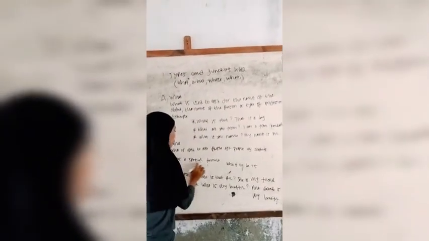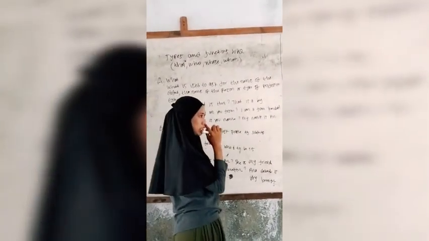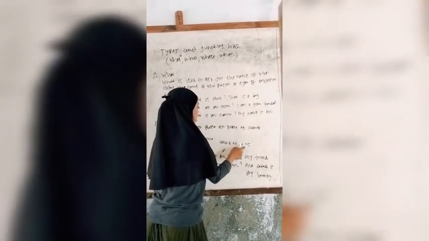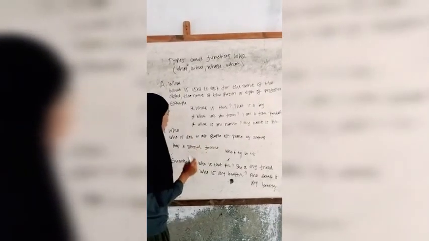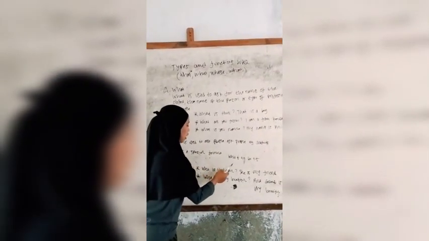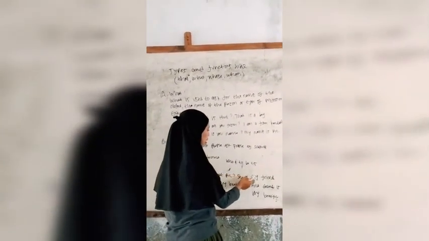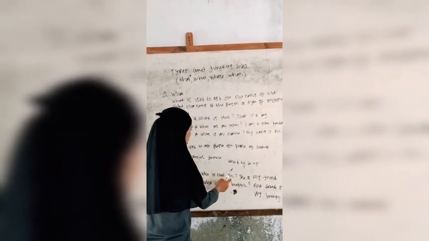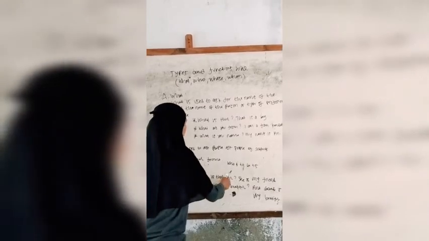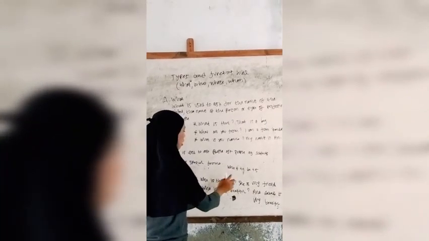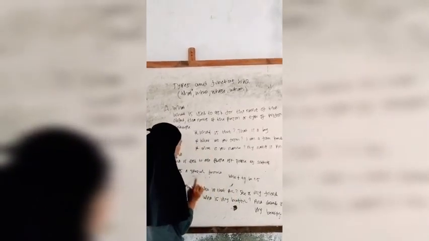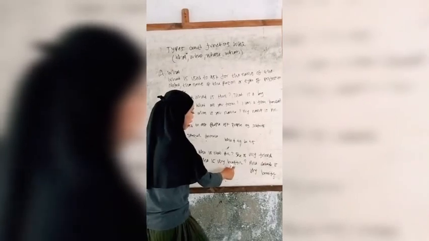There is a special formula. Who plus to be plus subject. Example, who is that girl? She is my friend. The to be is is, the subject is that girl. The second, who is very beautiful? Anna Grande is very beautiful.